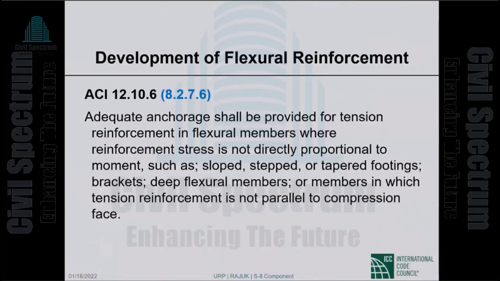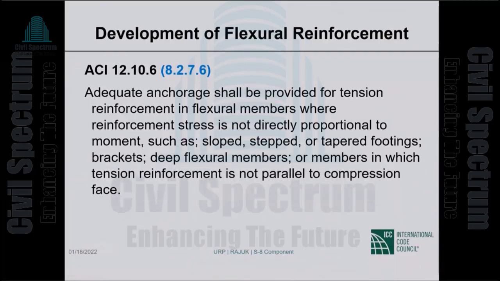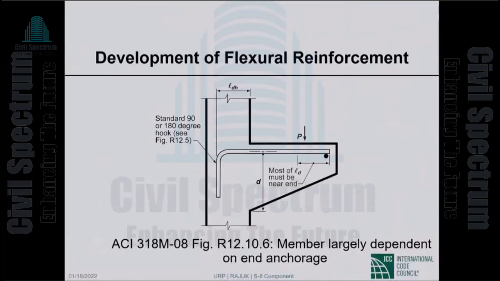Okay. Adequate anchorage shall be provided for tension reinforcement in flexural members, where reinforcement stress is not directly proportional to moment, such as sloped, etc. This is a problematic area that is very difficult to provide definite guidance on. Okay? So let us take this bracket, corbel, whatever it is.